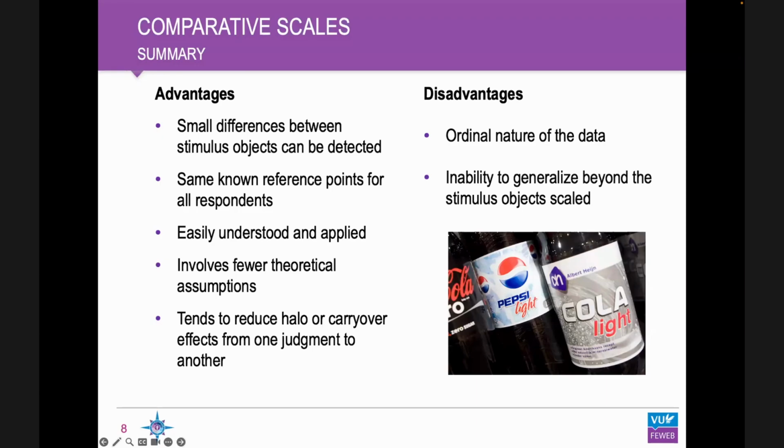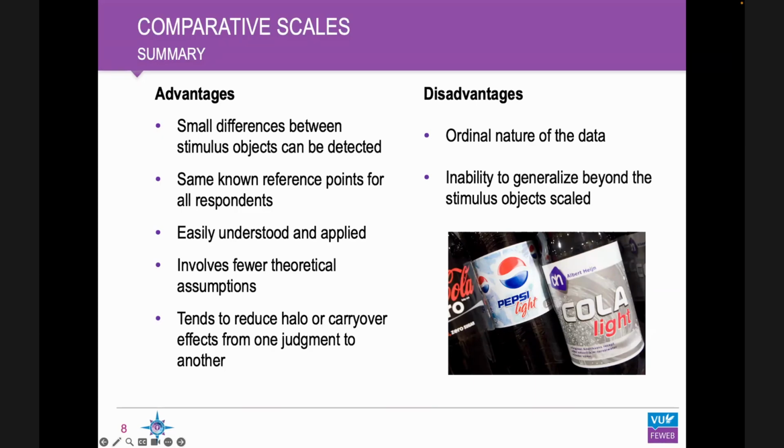So you always have some list of objects that you ask your respondents, and it is very hard to go beyond that. So for instance, to compare the Albert Heijn house brand Cola versus Coke and Pepsi, if you want to understand the differences between these three, the previous questions of Coke versus Pepsi would not help you because you didn't include in your set the Albert Heijn brands. So you need to do the survey all over again.